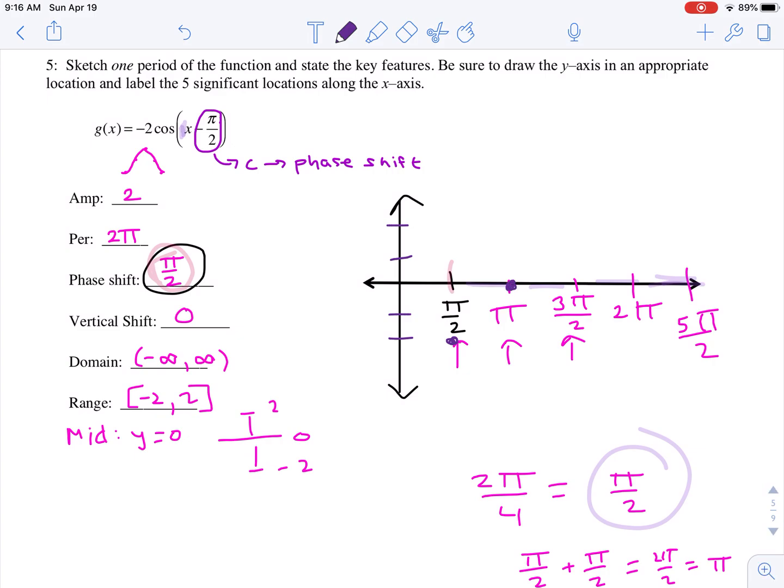Up to the midline, up to the maximum, back down to the midline, and down to the minimum. And I'm going to draw in as best as I can the shape of my curve. And notice, again, when we have that phase shift, we're not, quote, starting our period on the y-axis anymore.